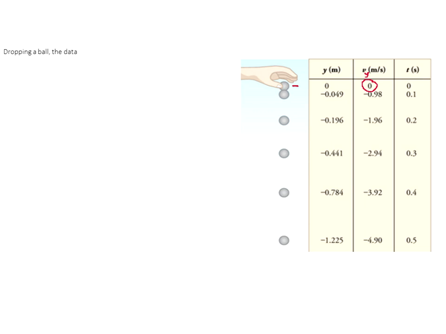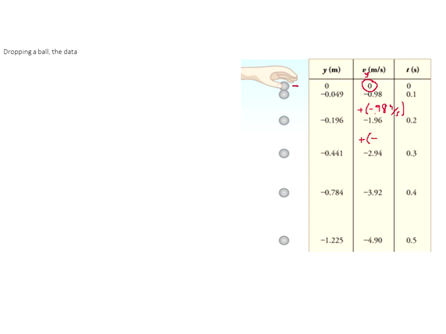So notice that each tenth of a second we're adding negative 0.98 meters per second. So 0 plus negative 0.98 is, of course, negative 0.98. Negative 0.98 plus negative 0.98 is negative 1.96.